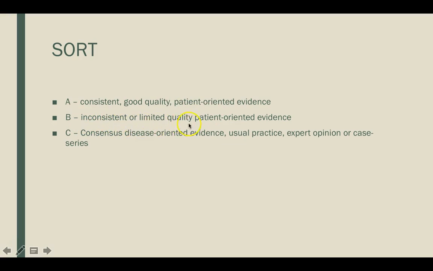B, inconsistent or limited quality of patient-oriented evidence. And then C, consensus disease-oriented evidence, usually practice, expert opinion, case series, all those would fall under C. So pay attention next time you read a position statement for a class, and you'll notice, especially in the more recent ones, they'll start rating the evidence A, B, or C.